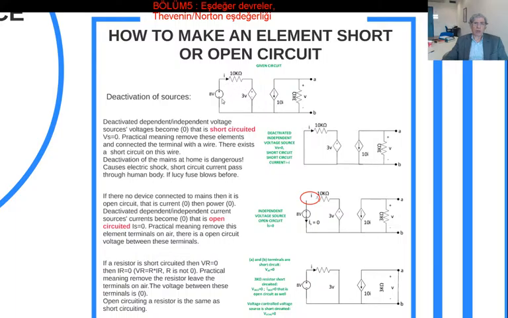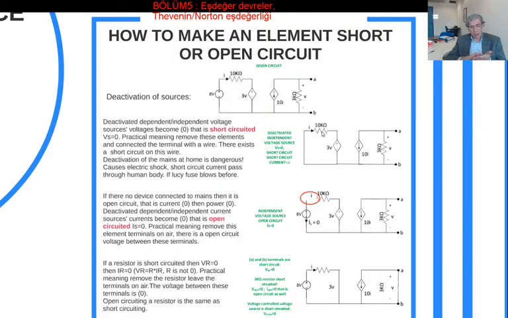So the voltage difference between those two terminals is going to be zero, that's short circuit, but there is going to be a current passing through this wire, which is also the same current of this resistor.